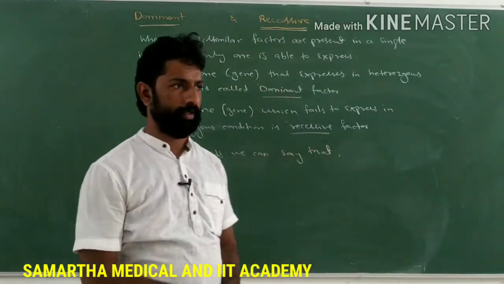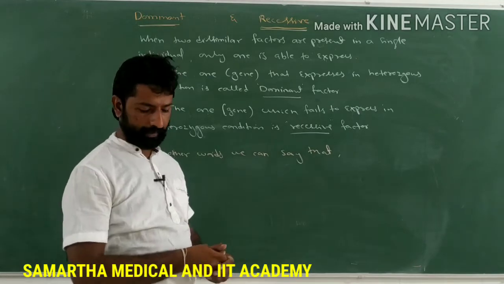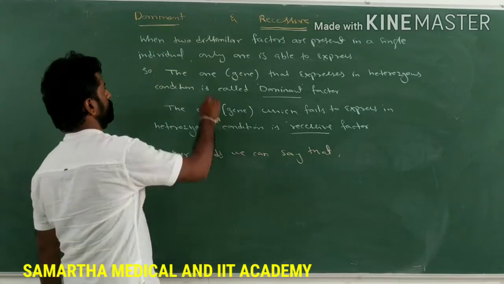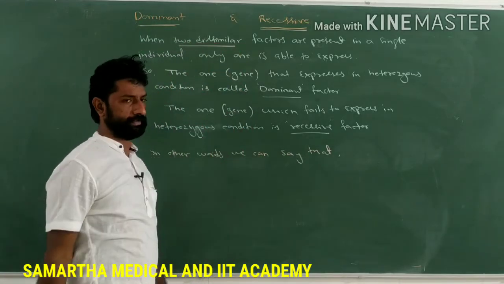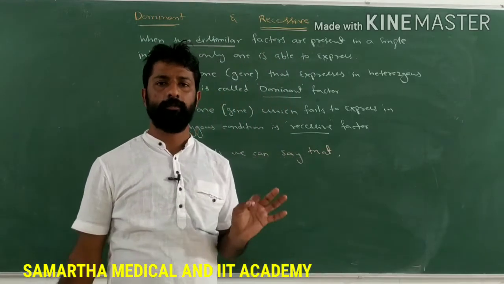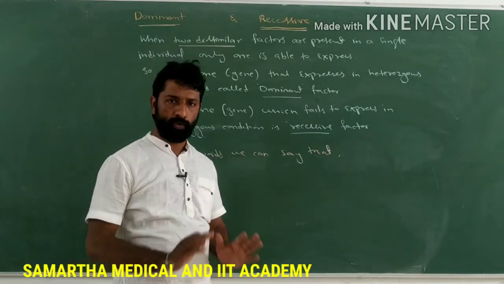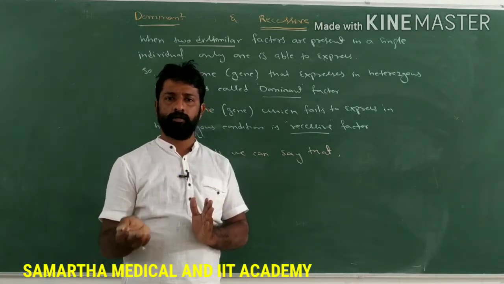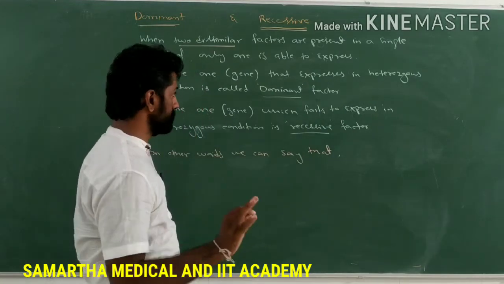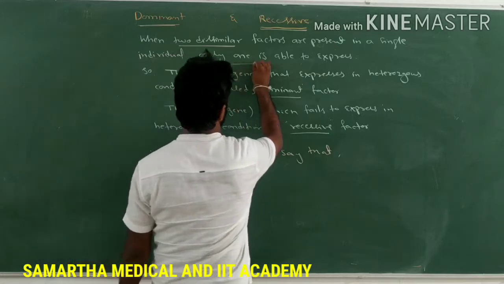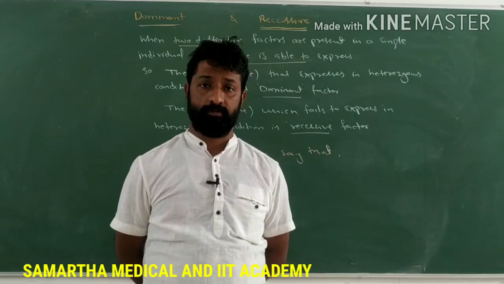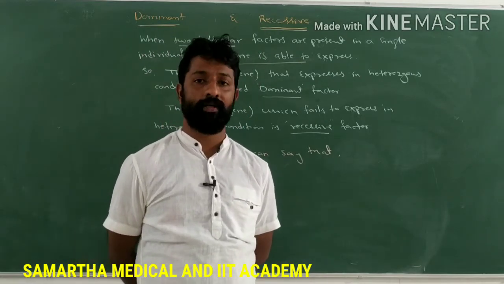During his experiments, Mendel observed and proposed that when two dissimilar factors or genes or alleles are present in a single organism for a particular character, only one is able to express. Based on this, dominant and recessive are defined.